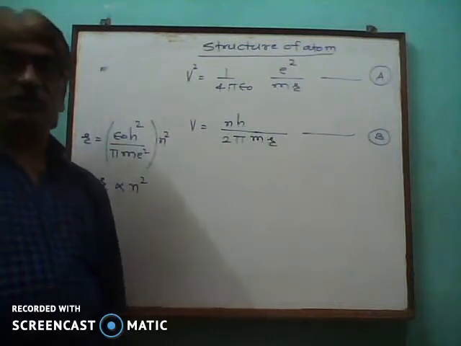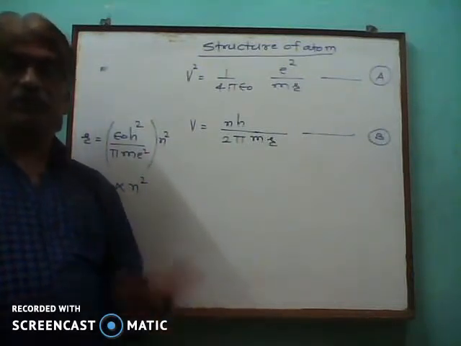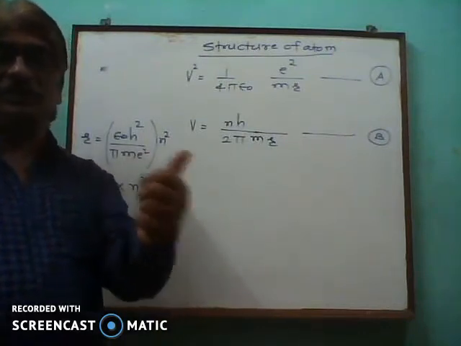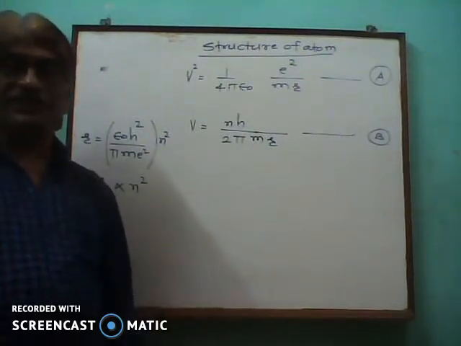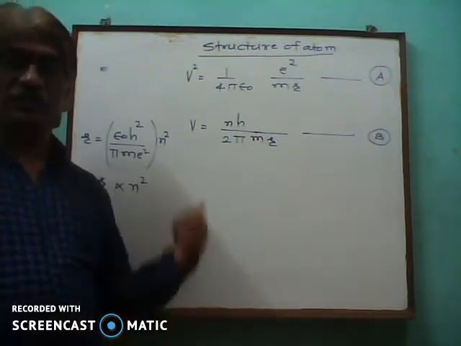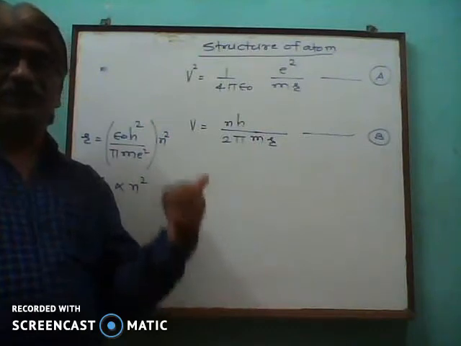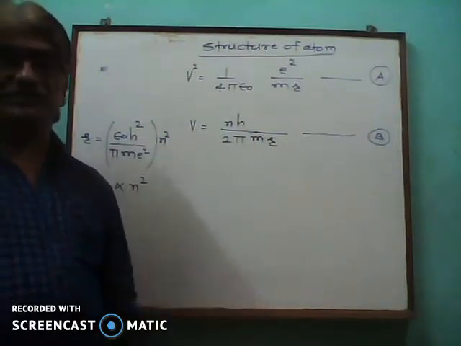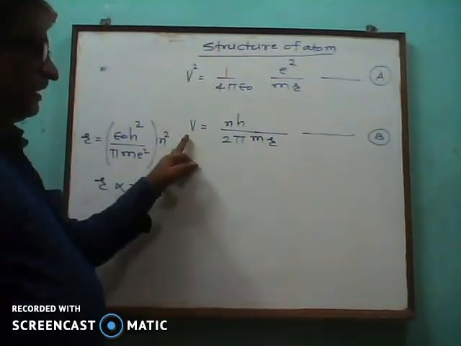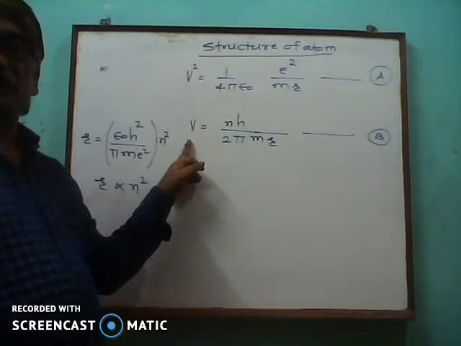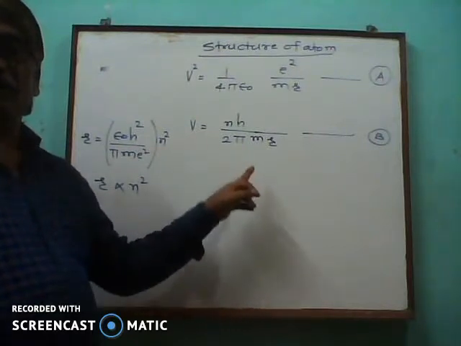Here angular momentum is the moment of linear momentum, that is r into p is equal to nh upon 2 pi. p is linear momentum, that is the product of mass and velocity. So r multiplied by mv is equal to nh upon 2 pi. No terms can be cancelled. So another equation: v is equal to nh upon 2 pi mr.